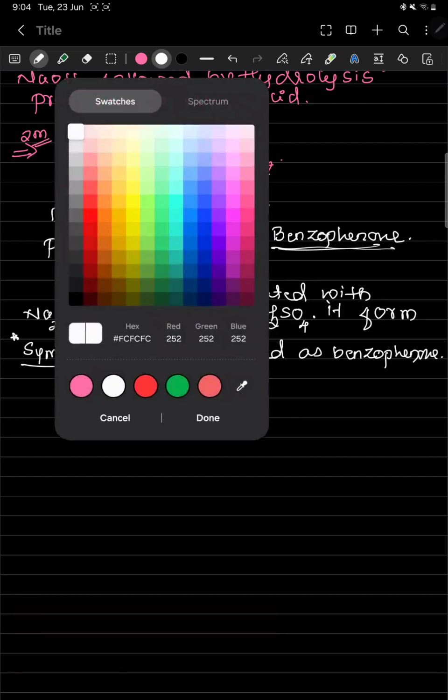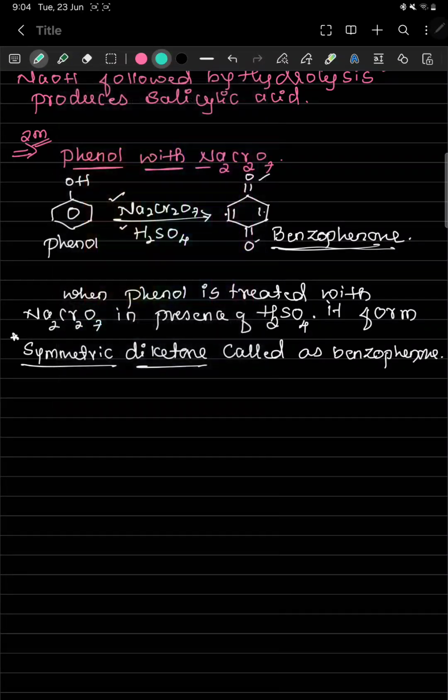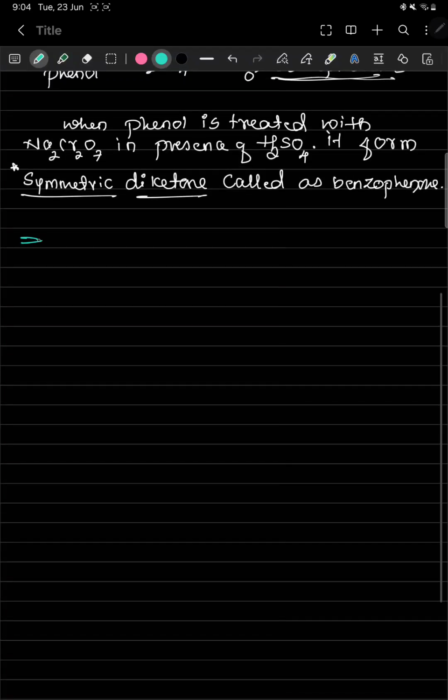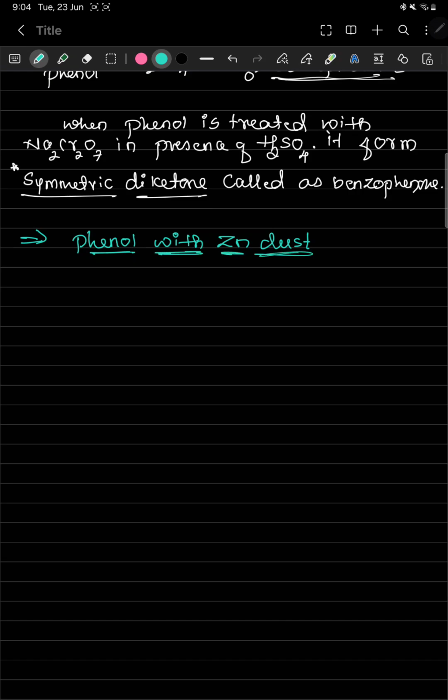Next we are going for the third reaction and probably the last reaction for today's video, students. We are going to take phenol with zinc dust, Zn dust. Zinc dust is finely powdered zinc in the form of dust. Dust means already thin, fine powder.